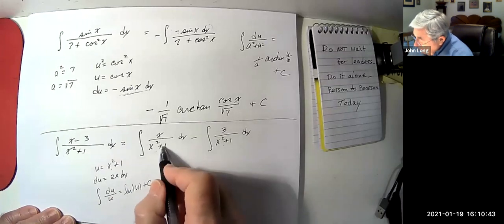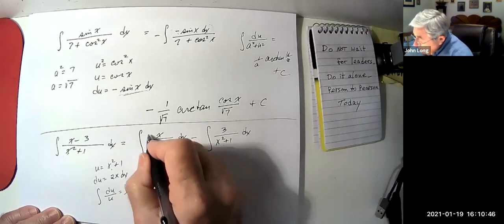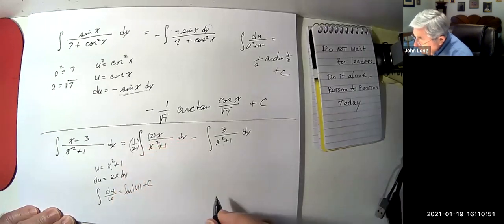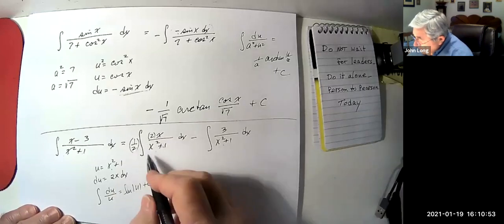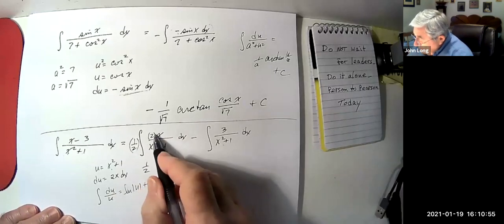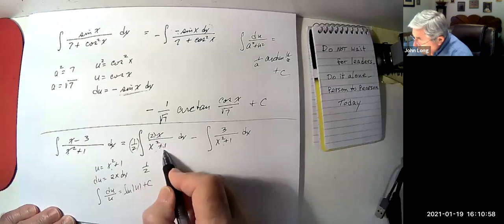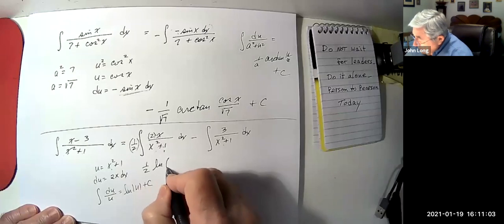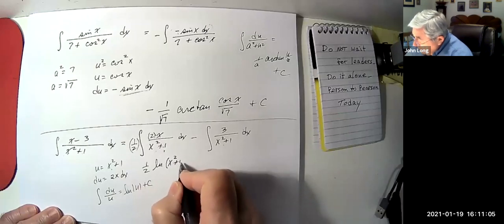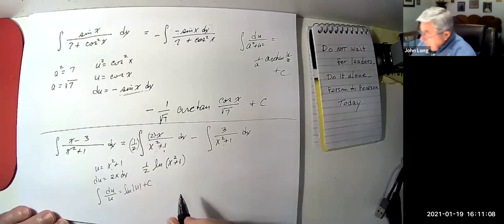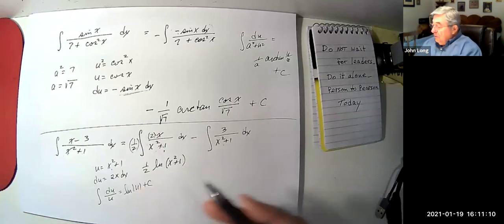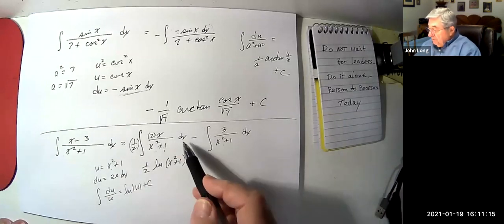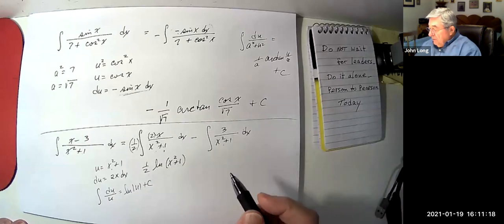That's what we're shooting for in this problem, and we can have it simply by inserting a 2 there and a 1/2 there. And now you see this is 1/2, and then this whole thing is du over u. So this is ln, and we don't need an absolute value on this x squared plus 1. And we're not going to put the plus c yet because it's just plus c for the whole problem. So this part of the integral is 1/2 times the natural logarithm.